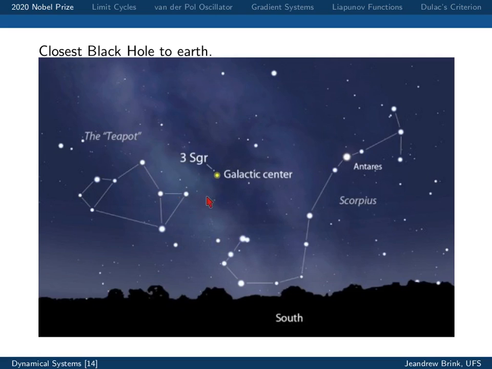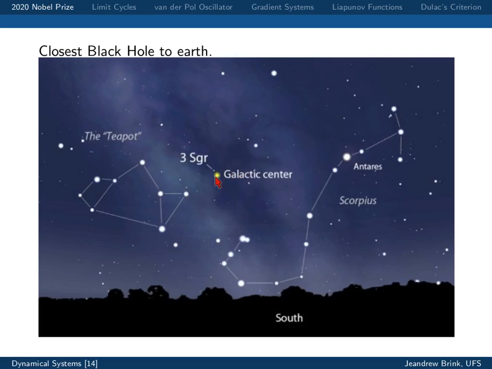So this is Sagittarius A. If we look up at night, and it's very nice for the southern hemisphere, you have the Milky Way, which is this band of bright stars, and then you have this teapot, which is actually quite easy to see. It's Sagittarius, the constellation, and then you have the Scorpion, which you can also identify because it's a huge one, and then you have this dark region, and this dark region isn't really dark. It's dark because there's dust that obscures it.